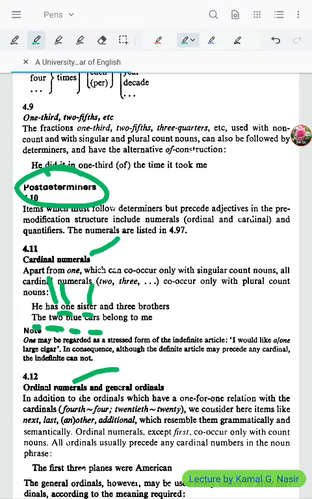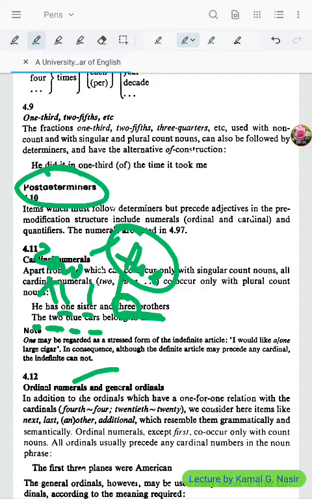Where is the determiner here? The determiner here is what? 0. Okay? The 3, what? You can say for example, the three brothers. In this way, the is the determiner and the three is post determiner.